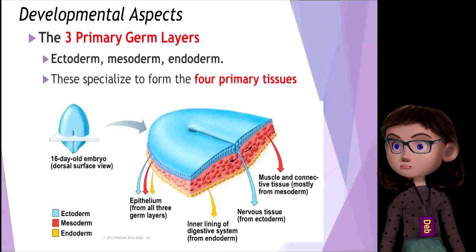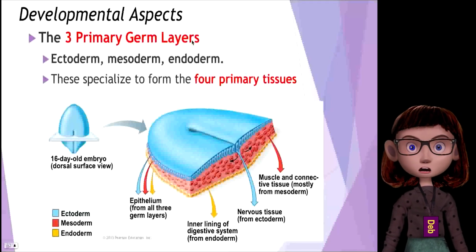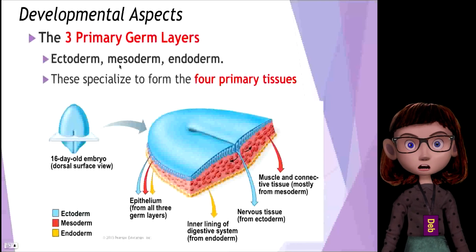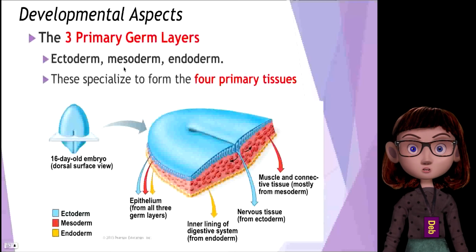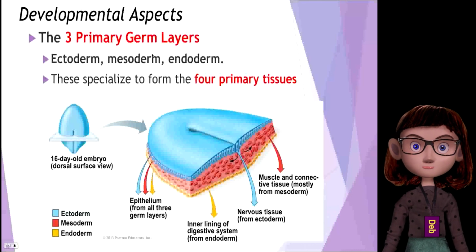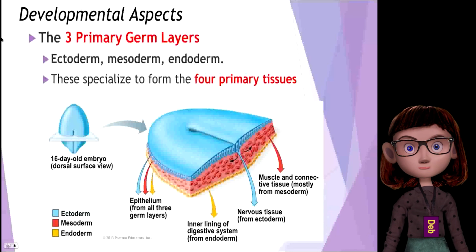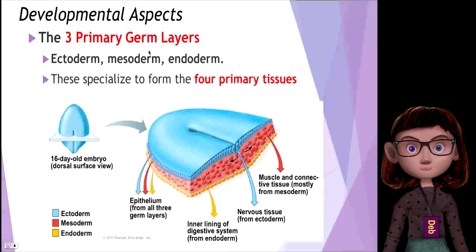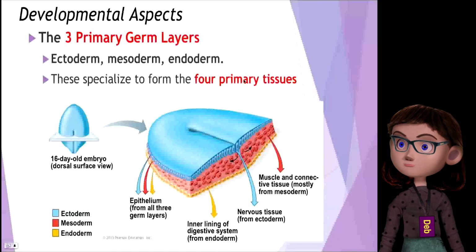So initially it's just a cluster of cells, but then we have the development of what we call 3 primary germ layers: ectoderm, mesoderm, and endoderm. Ecto means outside on the surface, meso means the middle, and then endoderm would be the inner layer. Scientists have been studying what are the chemical signaling messages that are sent out to allow the development first of these 3 primary germ layers, and then how do these tissues specialize in order to form our 4 primary tissue types.